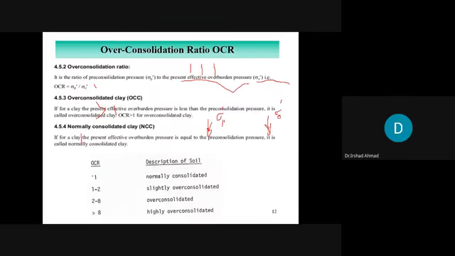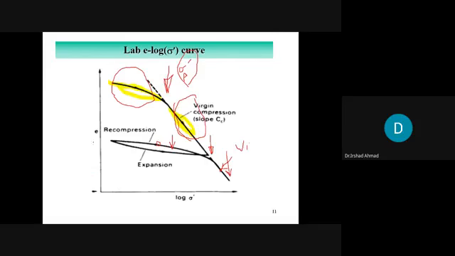So we talked about pre-consolidation pressure. How will you find the pre-consolidation stress from the curve? The simple method is to see where there is a break between the curved part and the straight part; that corresponds to the pre-consolidation pressure.